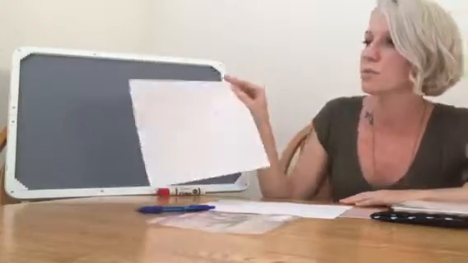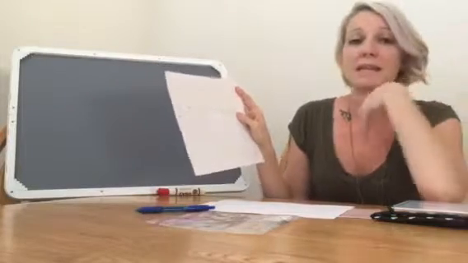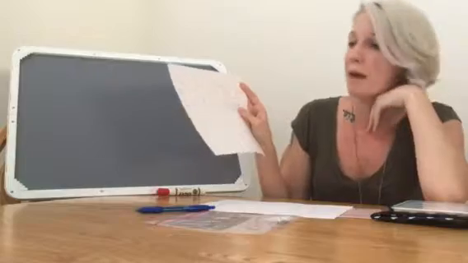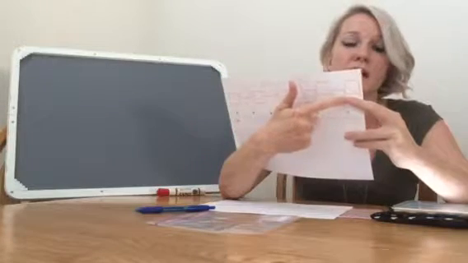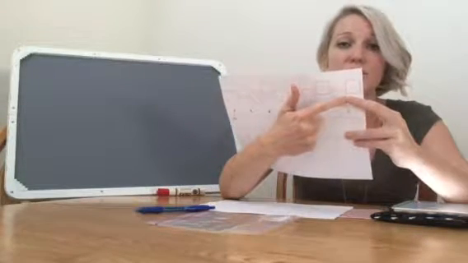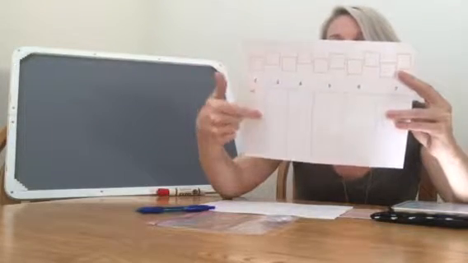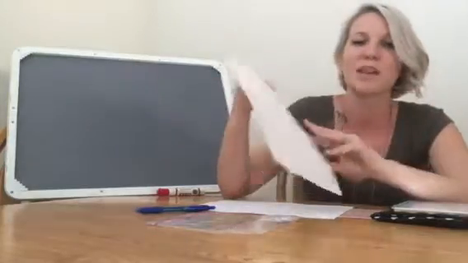I would give each group one of these, and I made these. You can have students write in their journals, but I just made these real quick from Word. Put some boxes with enough boxes for the word melancholy, and then made columns for each of how many letters they'll need to spell each of the words.